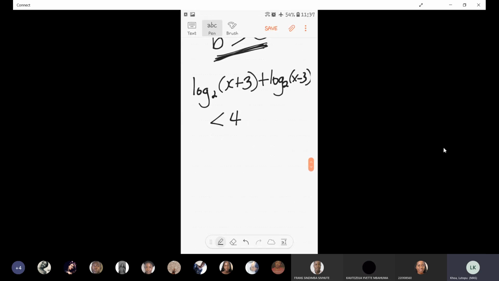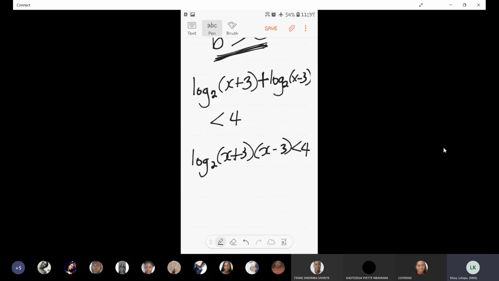Here my bases are the same. Both logarithms have a base of 2, so I can combine them, and because I am adding over here, I can multiply the arguments. So I have log base 2 of x plus 3 times x minus 3. This is less than 4.